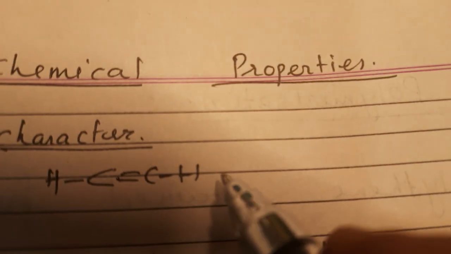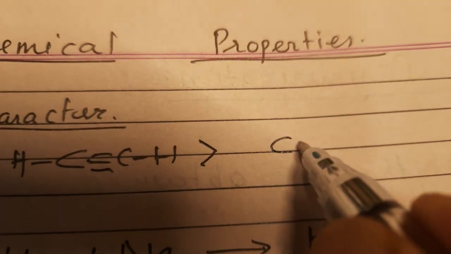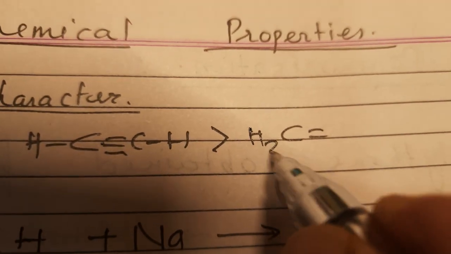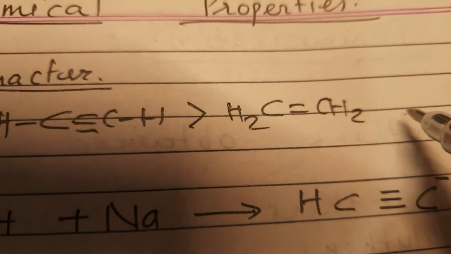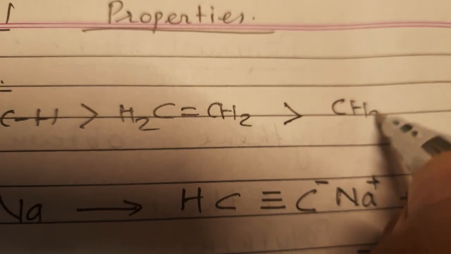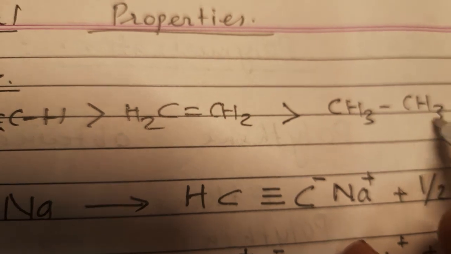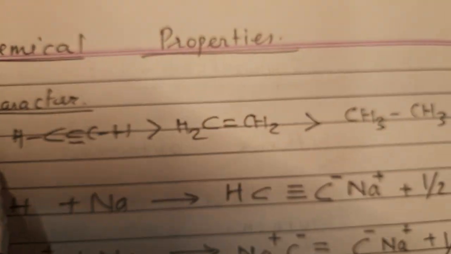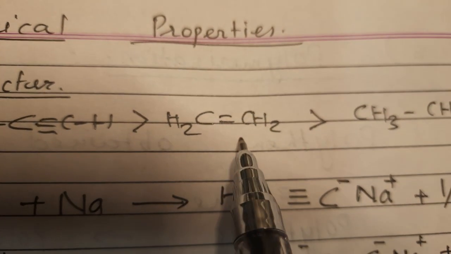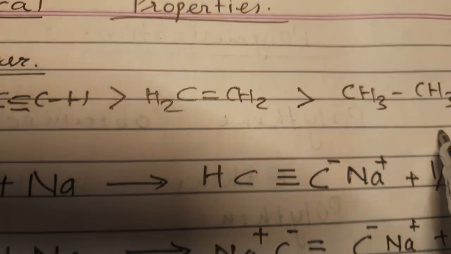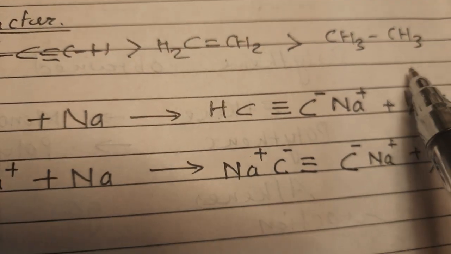It is more acidic than ethene, CH2=CH2, and it is more acidic than CH3-CH3. So we see that ethyne is more acidic than ethene, and ethene is more acidic than ethane, right?